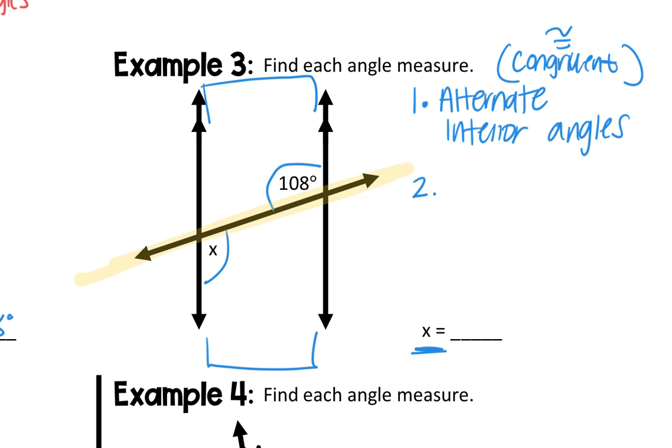So if I know that one of them is 108, then that means X equals 108. Again, I'm using common sense here, not doing any kind of work yet. If I know one of them, then I know the other one, because they are congruent angles. All right, let's do the next one.